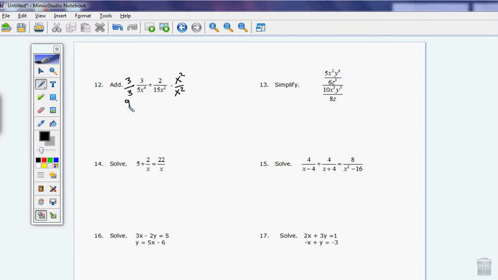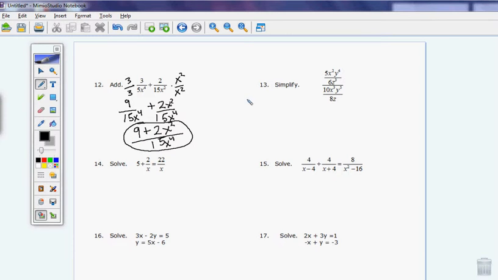Okay, so now we have 9 over 15x to the fourth power, plus we have 2x squared over 15x to the fourth power. So we're going to put this together as 9 plus 2x squared all over 15x to the fourth. And a lot of times we can pull out a GCF at the top and try to cancel, but right now we cannot because of the 9 and the 2 and no variables in common.